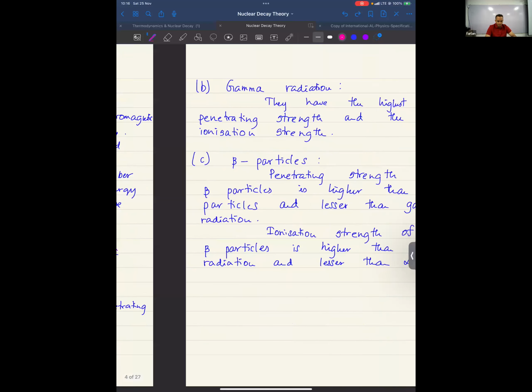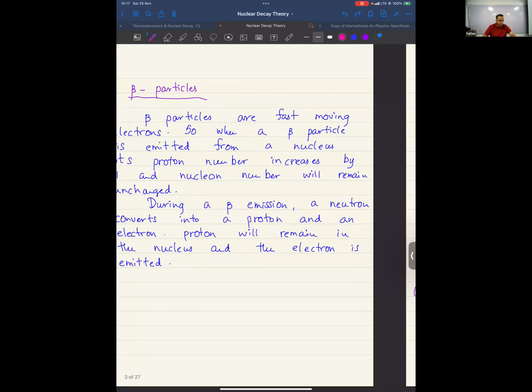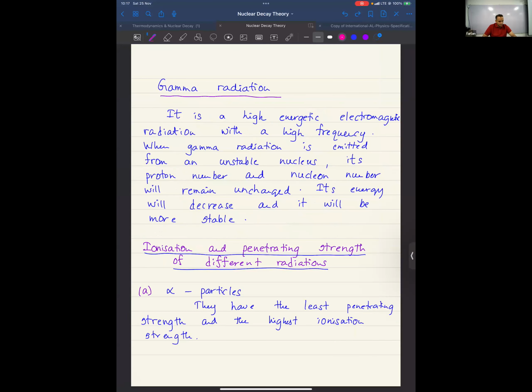Right, on the next subtopic, gamma radiation. It is a high energetic electromagnetic radiation with a high frequency.